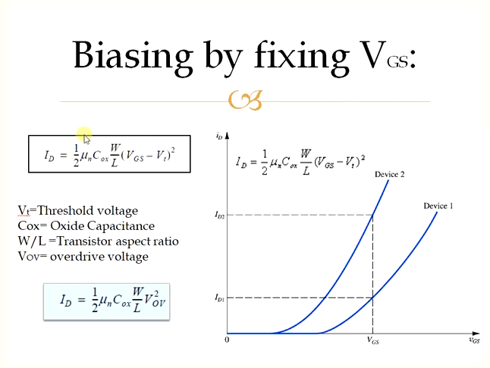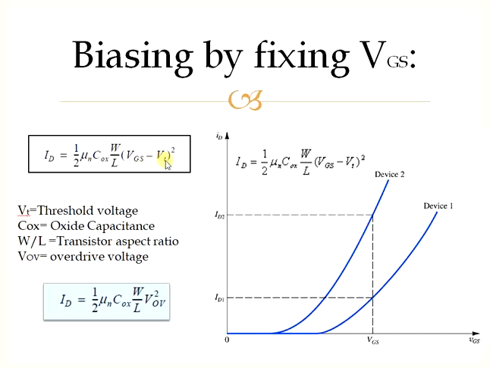The equation for the drain current is half of mu n COX W by L times (VGS minus VT) the whole square, where VT corresponds to the threshold voltage, COX to the oxide capacitance, W by L to the transistor aspect ratio, and VOV to the overdrive voltage. This overdrive voltage is equal to the difference of the gate to source voltage and the threshold voltage.